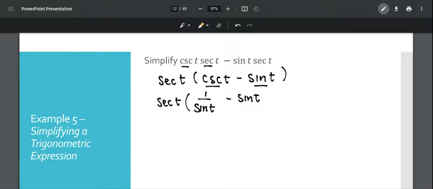Now think about your fraction rules. If you want to subtract 1 over sine minus sine, you need a common denominator. So if that first one has a denominator of sine, we're going to multiply that other one by sine over sine, which means we also have to multiply the numerator by sine.